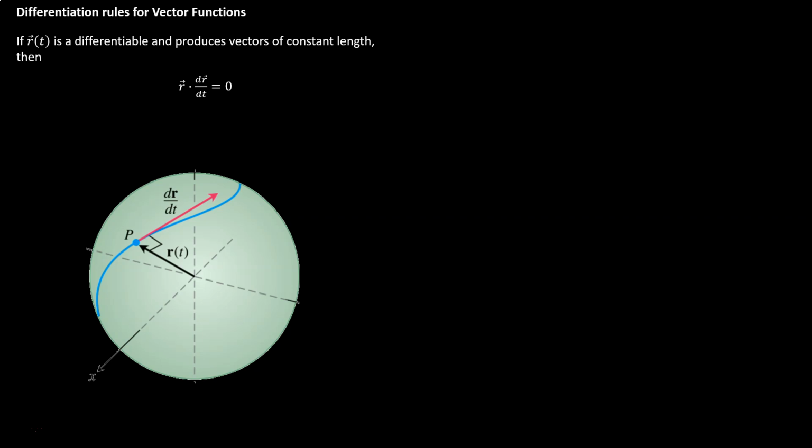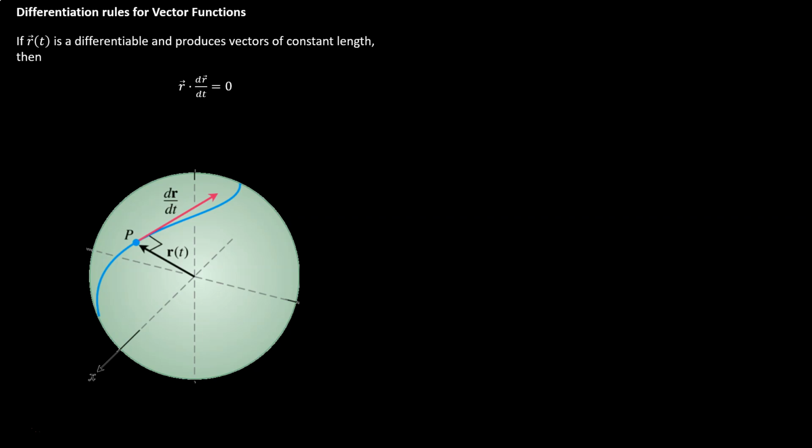R of t is the black vector function that starts at the origin and points to the blue point P. The blue curve that exists on this sphere is all of the points that are generated by r of t. If I wanted to find a tangent vector for that blue curve, I would use dr dt, since the blue curve is generated by r of t.